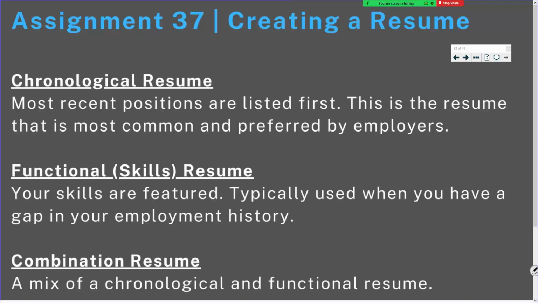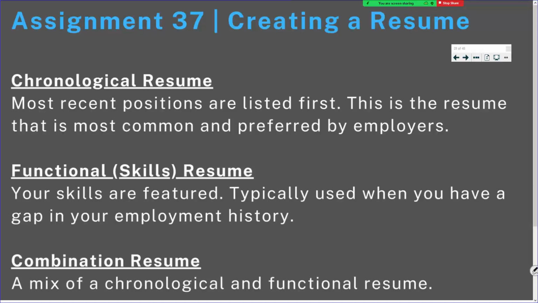So the chronological resume, as the name suggests, chrono means time, is where the most recent positions are listed first. This is the most common resume, and it's one that most employers expect to see because they want to see where you worked before or where you're working right now. They want to see that stuff first.